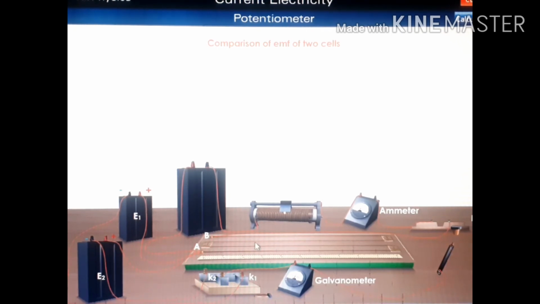See, this is the experimental arrangement of comparison of EMF of two cells. This is the first cell whose EMF is E1. This is the other cell whose EMF is E2. Here our aim is to compare the EMF of two cells. This is the driver cell.